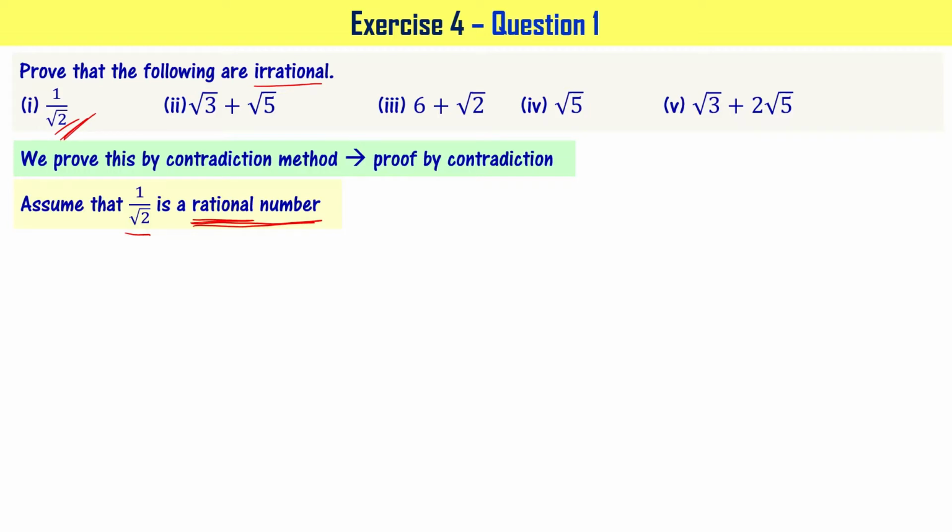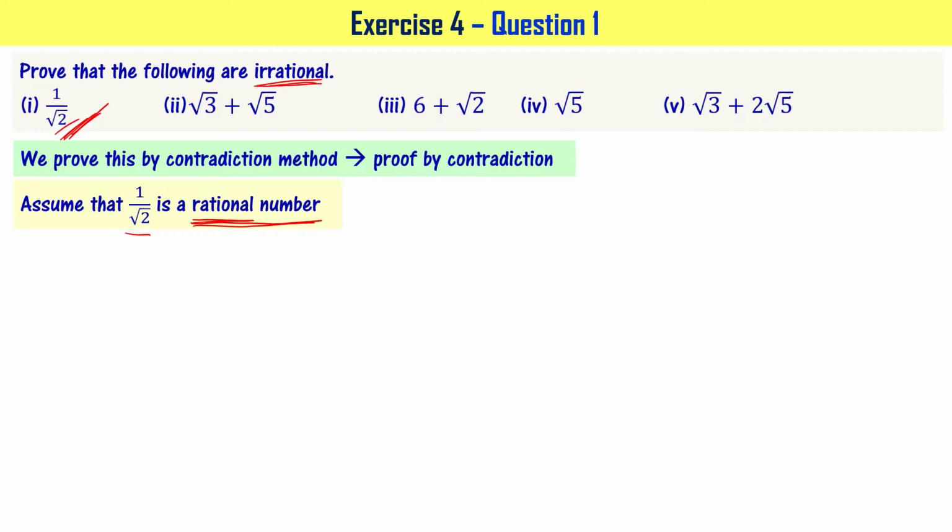Got it? We know that any real number, for that matter, either it can be a rational number or an irrational number, right? Since we want to prove the given number as an irrational number, in the contradiction method, we say that it is a rational number.